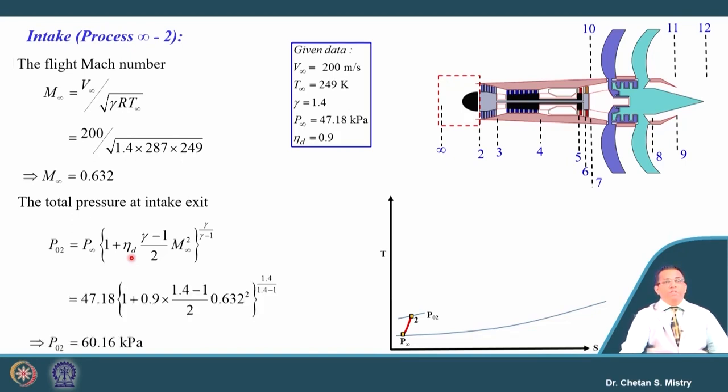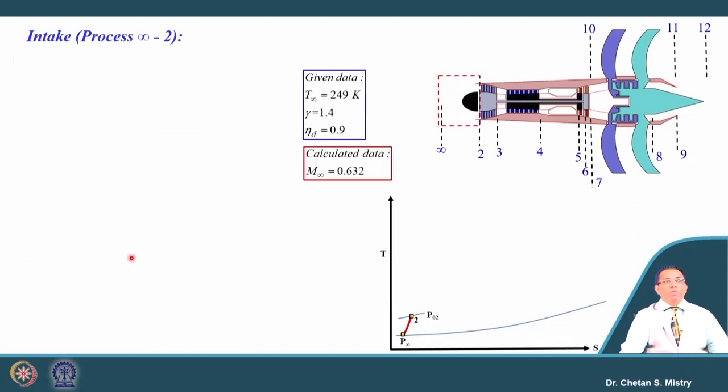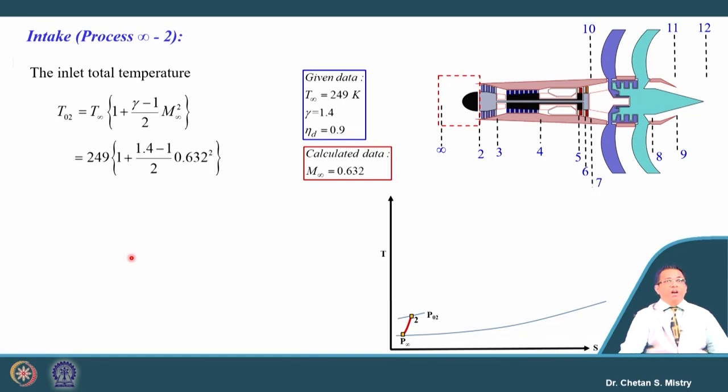If we put that value, the outlet pressure from this intake comes to be 60.16 kilopascal. Now, let us calculate the exit temperature. We know that the exit temperature can be calculated based on the isentropic relation. Since the Mach number is known to us, we can calculate the outlet temperature, and this comes to be 268.89 Kelvin.